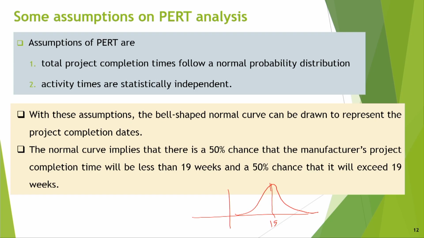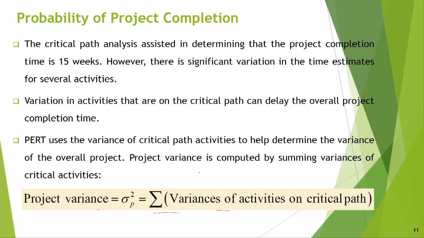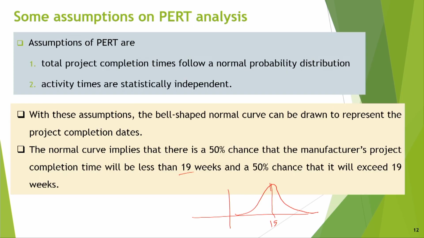That means you will have a peak, and then it will be varying depending on that. So, normal distribution implies that there is a 50% chance that the project completion time will be less than 19 weeks, suppose 19 is the time you get based on the addition of expected times on the critical path.